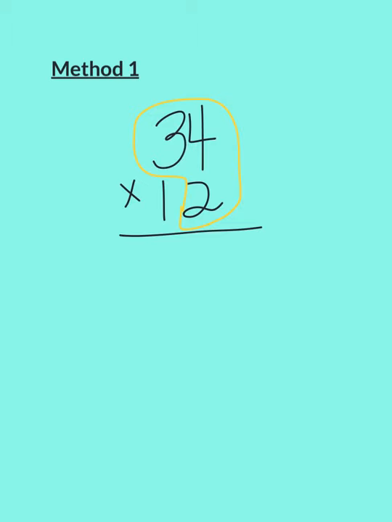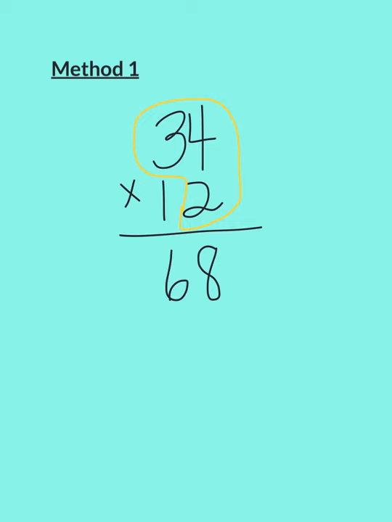It is most simple if you solve these problems when they're set up on top of one another rather than side by side. So the first thing we're going to do is multiply together 34 and 2. Now you might know right away that that is 68, or you could go in order. 2 times 4 is 8. 2 times 3 is 6.